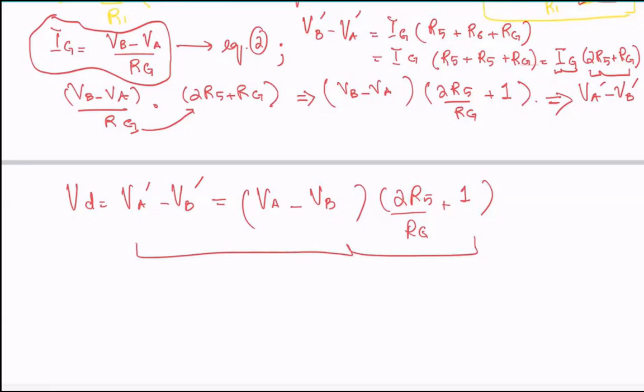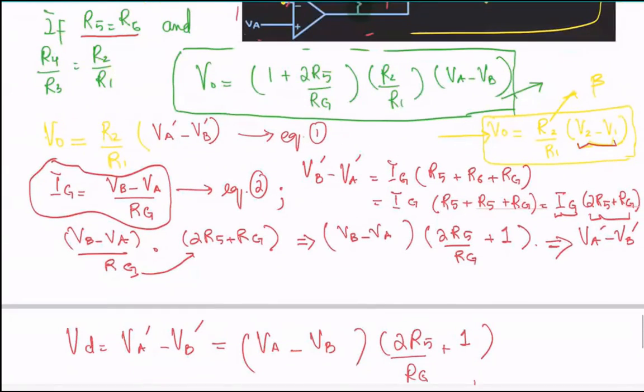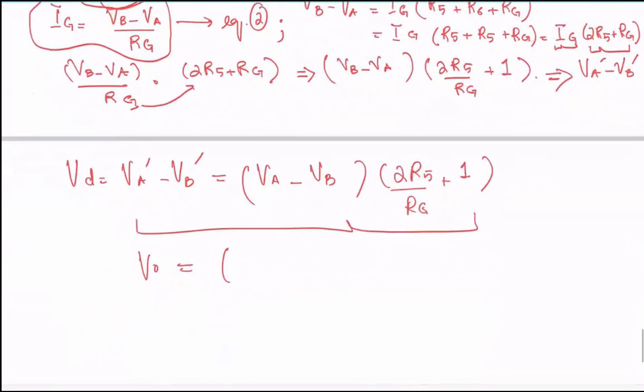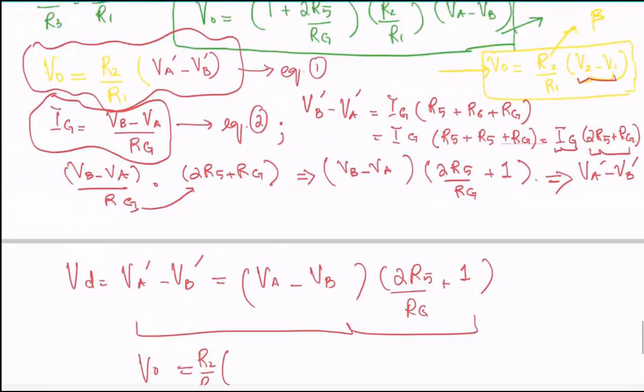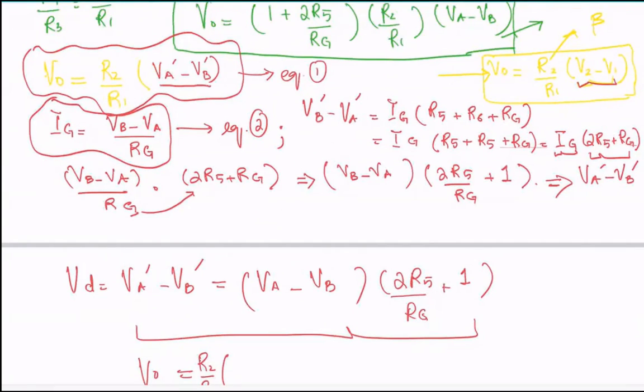And then what I am interested in is V naught. So if I rearrange this equation, I get V naught, R2 over, what was V naught? V naught was this thing right here, correct? V naught equals R2 over R1. So I get R2 over R1, okay? Times VA bar minus VB bar.